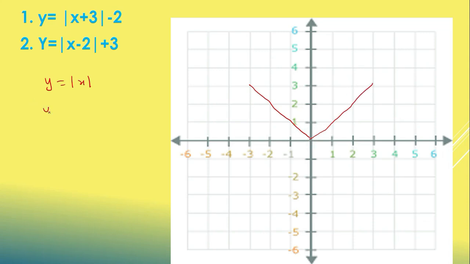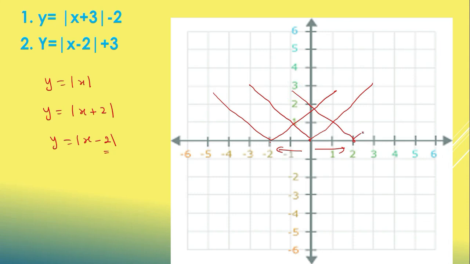Okay, if I write absolute value of x plus 2, then this V moves left side 2 units. It will be the same V from here to here. Then if I subtract a constant with the variable, it will move right side 2 units, 1 and 2. So it will be a V from this point.